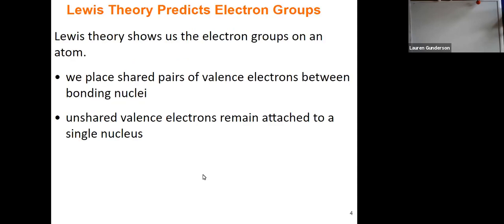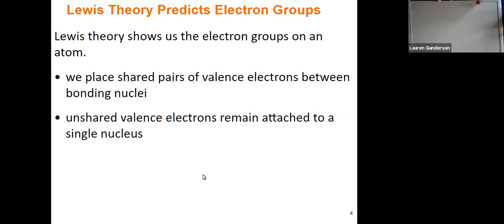Okay, so when we looked at Lewis theory, which is a simpler version of bonding theory, we counted up the number of valence electrons and we placed the shared pairs of electrons between the two elements, right? So anything that was sharing, we would consider that a bond, and we would put it between the two elements.